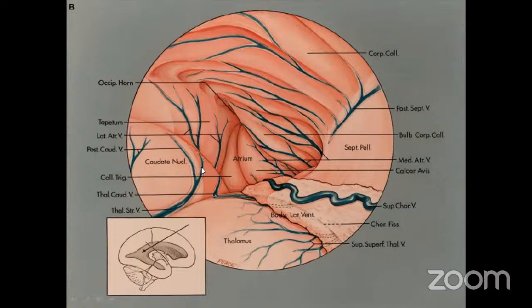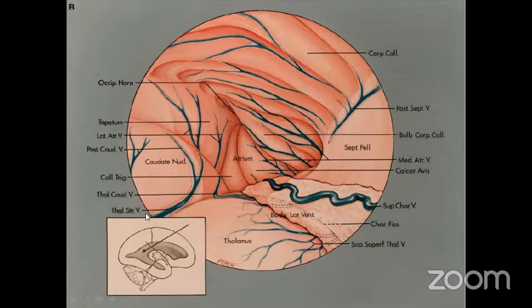In this image, we can appreciate the medial and lateral atrial veins. This is the medial atrial vein, and this is the lateral atrial vein, and they pass forward on the medial and lateral walls of the atrium towards the choroidal fissure.